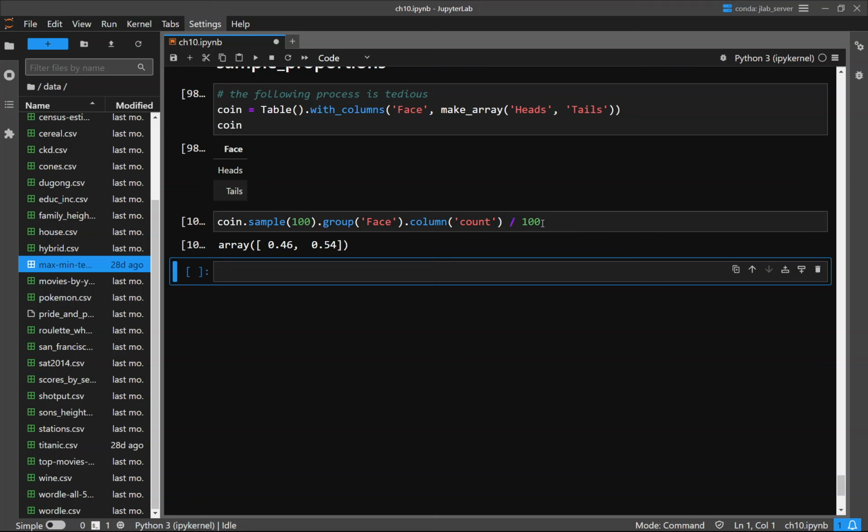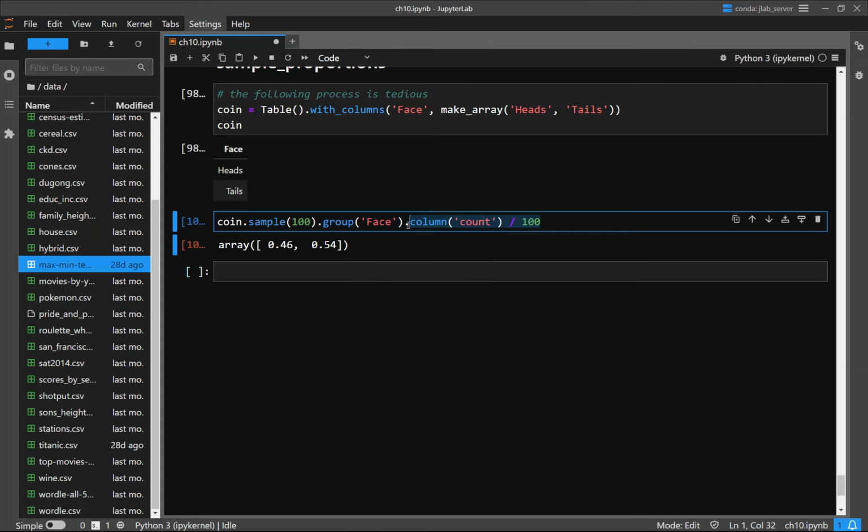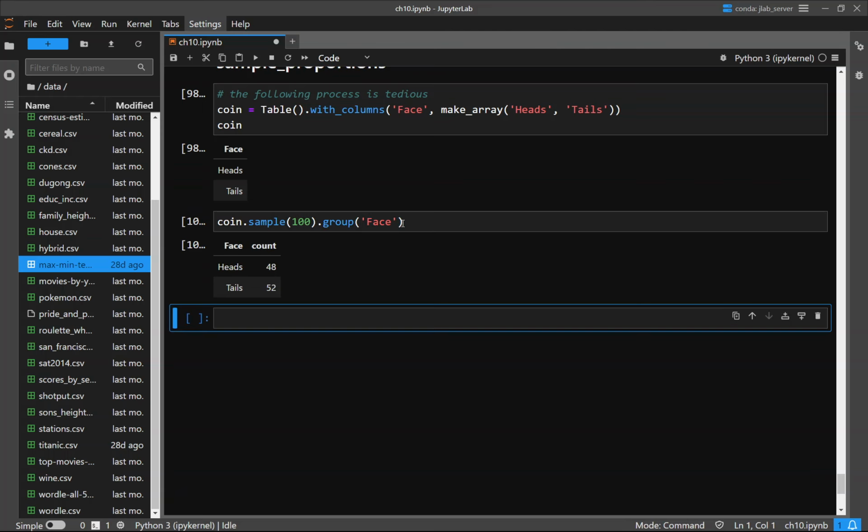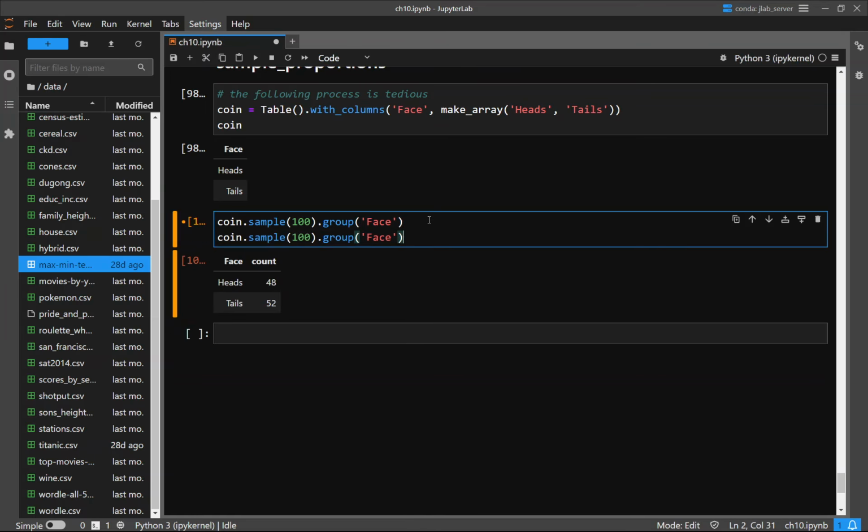Divide by 100. And it looks like for this particular sample, it was 46% the first thing, 54% the second thing, and I honestly don't remember what the order was. Probably alphabetical. Heads, then tails. Yeah, so it was heads, then tails. But you had to remember that.